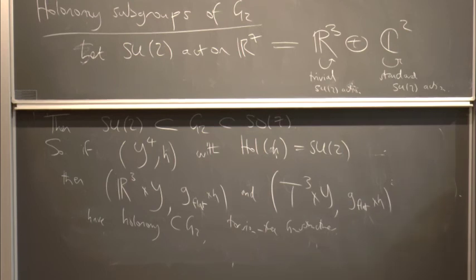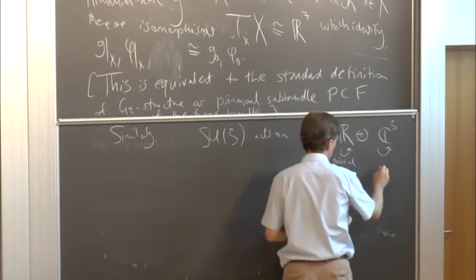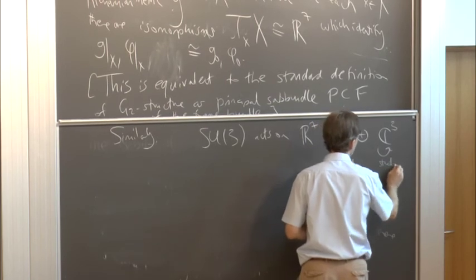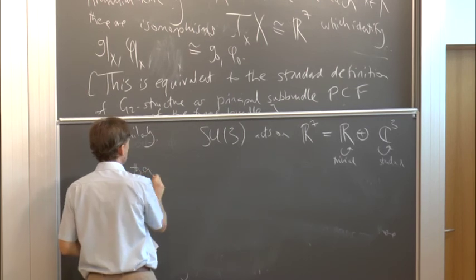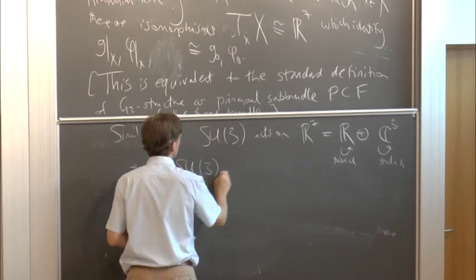And similarly, if SU3 acts on R^7, which is R direct sum C^3, with the trivial action and the standard action of SU3 on C^3, then SU3 is contained in G2.